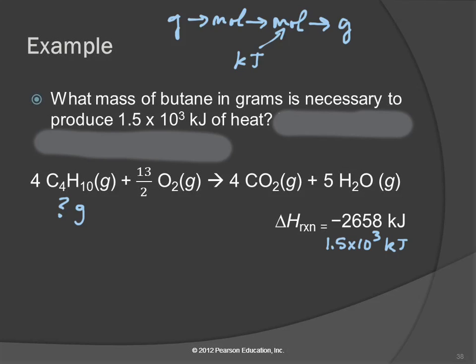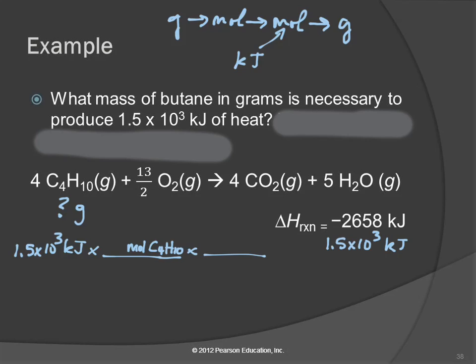So we're going to start here with the kilojoules, 1.5 times 10 to the third kilojoules. And we're going to convert that to moles of the thing that we're interested in, C4H10. I don't want grams down there. I'm jumping ahead of myself anyway.